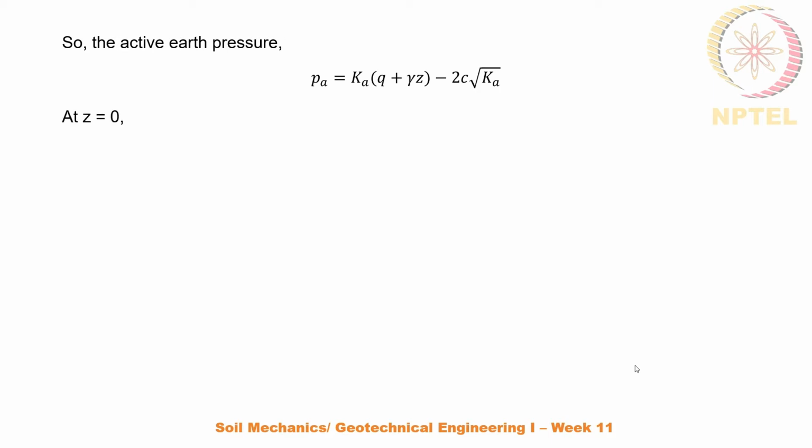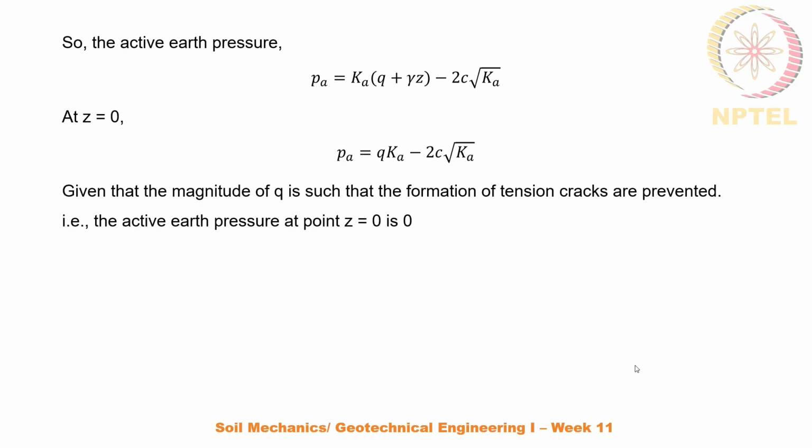Now, at Z equal to 0, that is at the ground surface, PA becomes Q into Ka minus 2C root Ka. The gamma Z term vanishes at Z equal to 0. In the question, we are asked to determine the surcharge with such a magnitude that will prevent the formation of tension cracks.